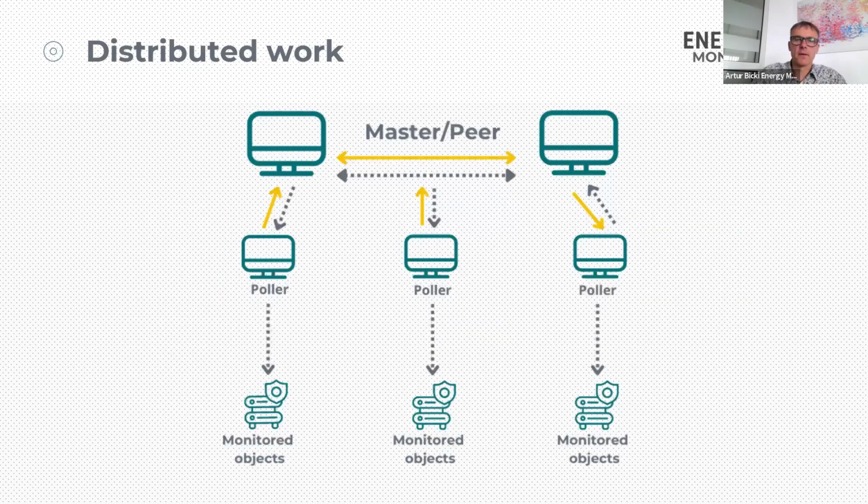You can see that on this sample project where we have a master instance. If the master instance needs to be put in high availability mode, we add a second, redundant peer.